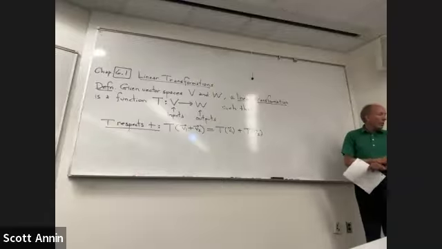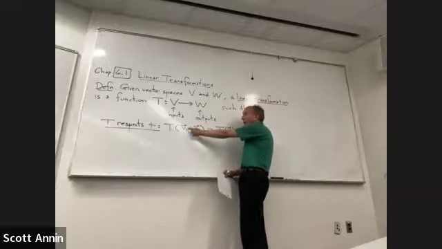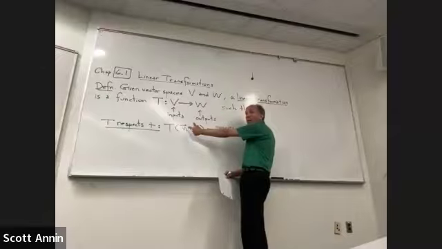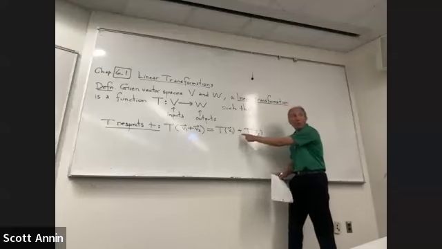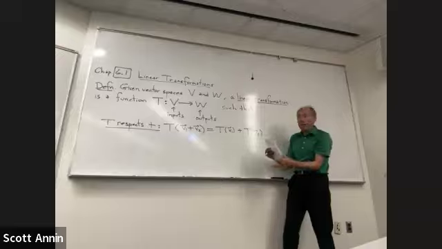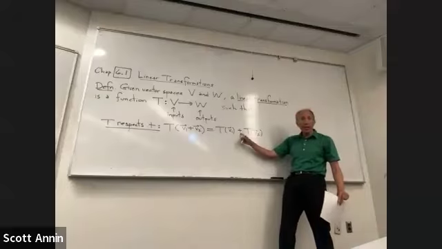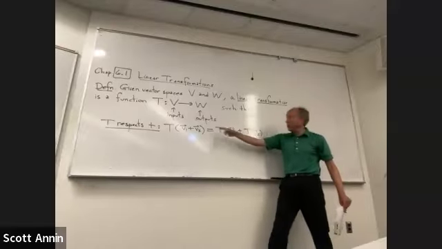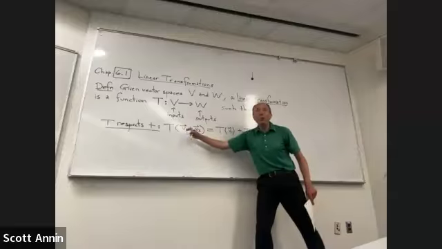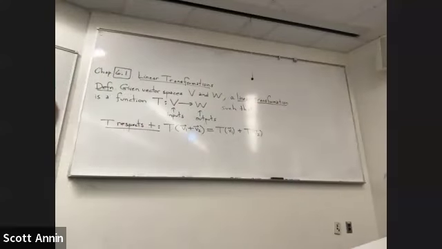So T respects addition. Notice that this plus sign is happening within V. But this plus sign is actually on the W side of the equation, the outputs. This is an output plus an output. So here we might be adding two matrices together, whereas over here we might have been adding two polynomials together. Those plus signs obviously are adopted within whichever vector space you're working in.